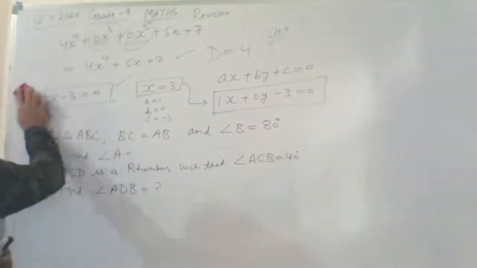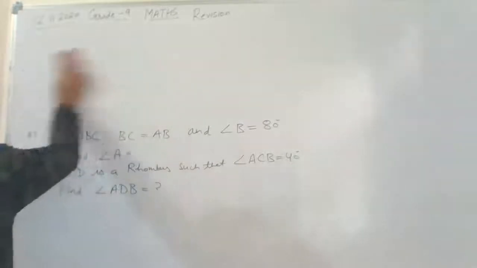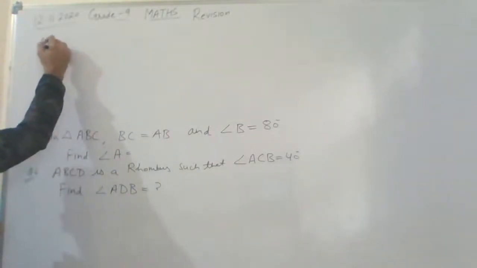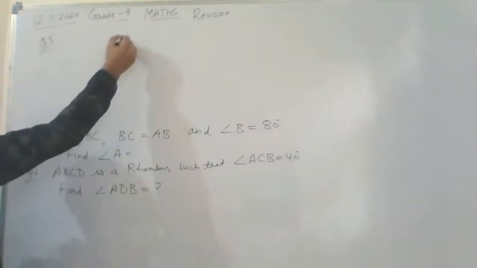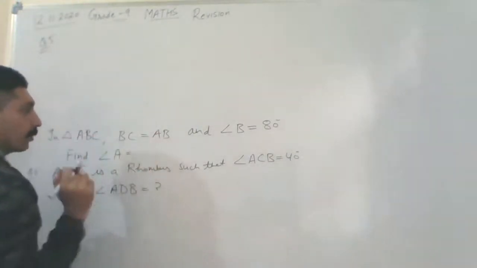Question number 5 you have already solved. Let me discuss what question number 5 is. It is about your isosceles triangle ABC. Draw triangle ABC in which BC and AB are equal.